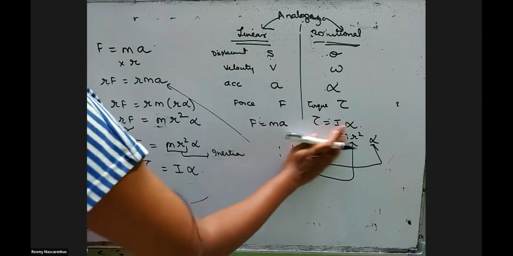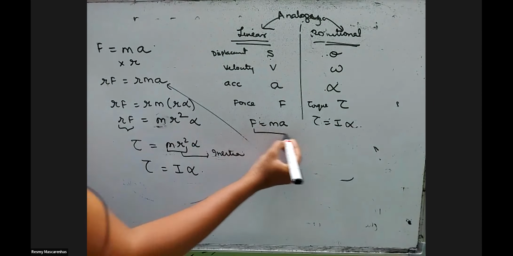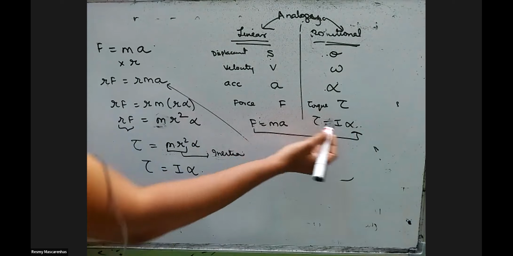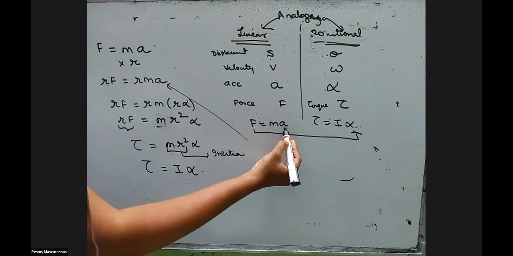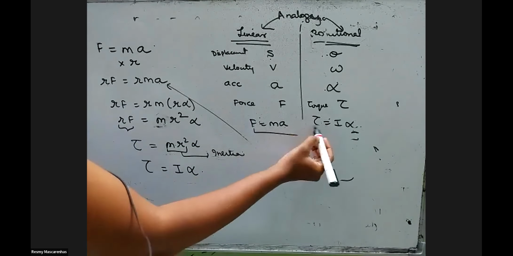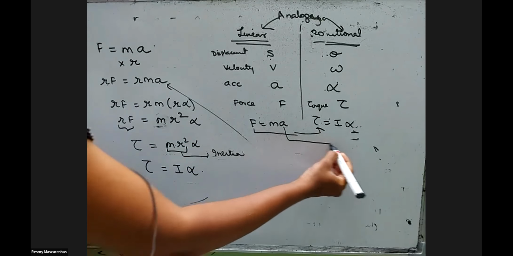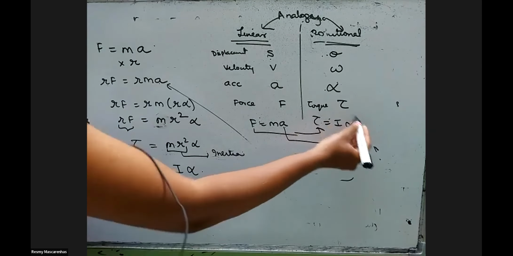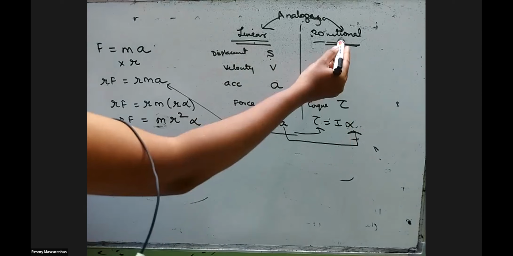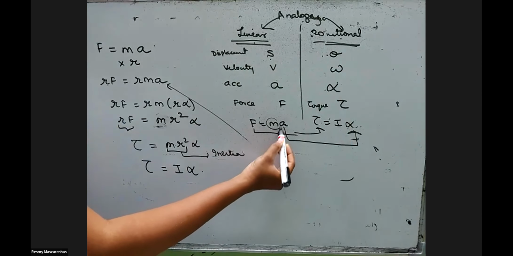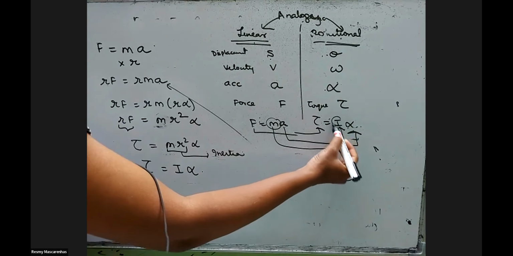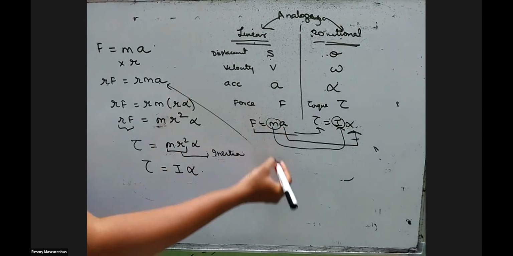Even without this, you just try to relate this. Force means torque in rotational. Acceleration is nothing but alpha; this is linear and this is rotational. So just comparing, what will be m? m is nothing but inertia.